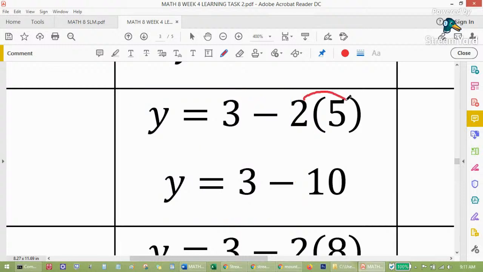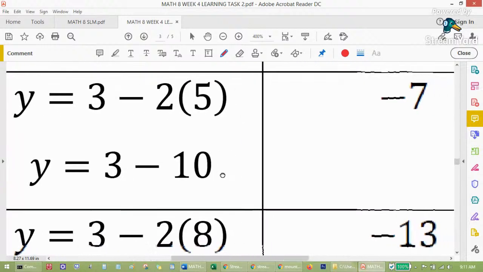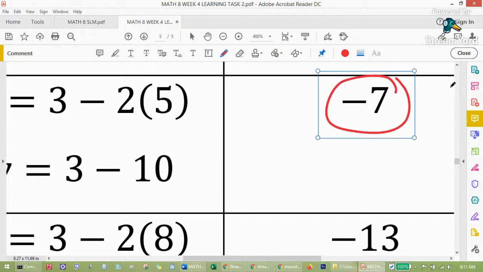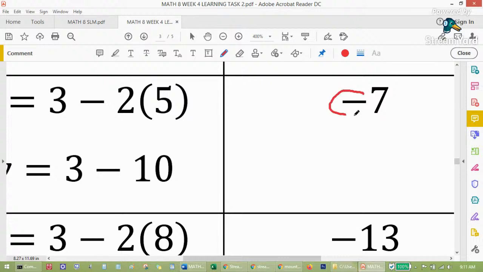And then 2 times 5 is 10. And then, meron tayong positive number and negative number. So, susubtract natin tong tatlong positive sa 10 negative. Therefore, matitira is 10 minus 3 is 7. Bakit negative?